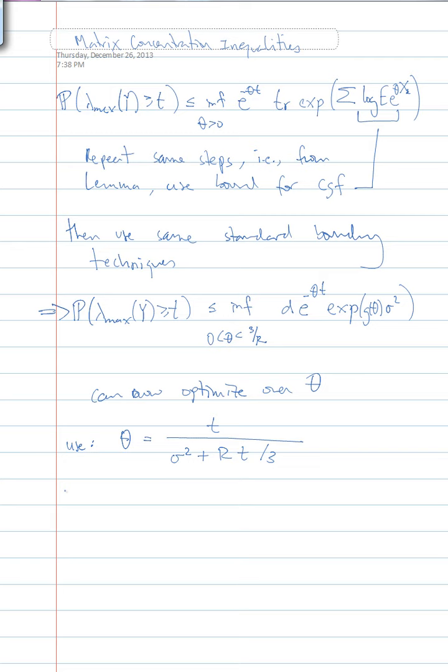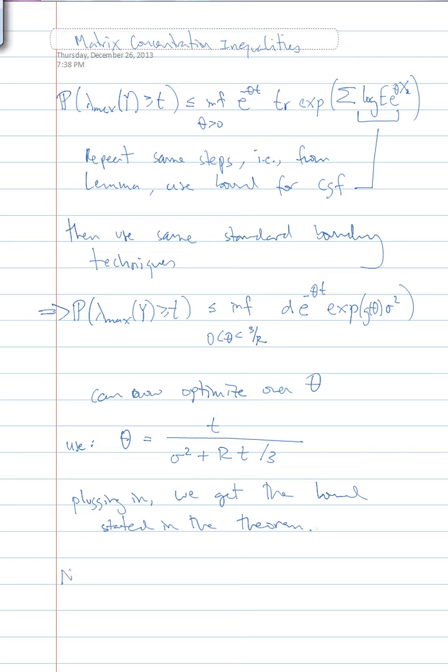The point of this is just getting a cleaner bound. And plugging in, we get the bound stated in the theorem. So this completes the proof of the matrix Bernstein inequality.